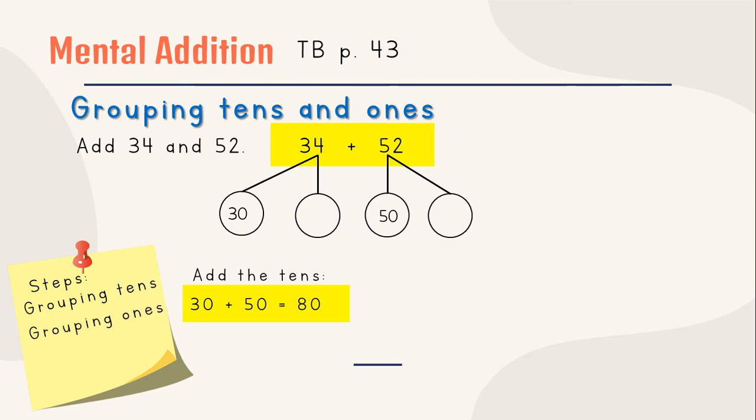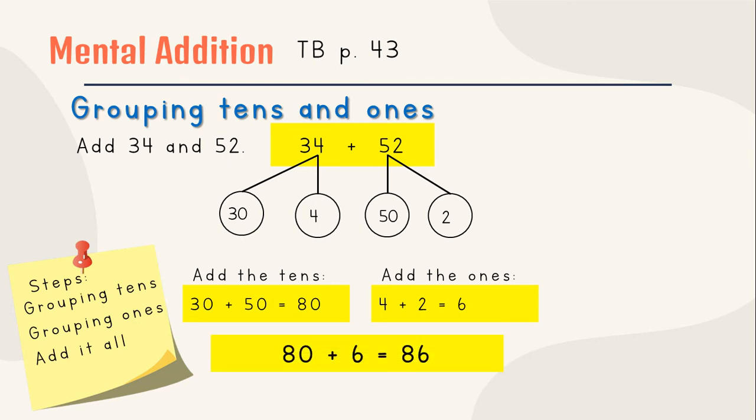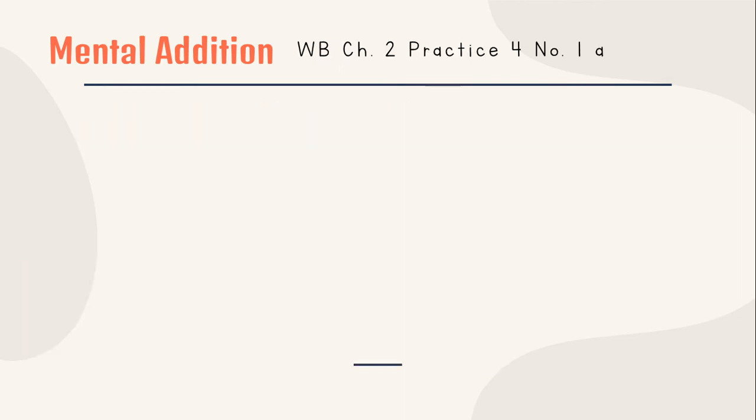After that, grouping ones. So 4 for 34 and 2 for 52. Add the ones. 4 plus 2 equals 6. After that, combine it all together. 80 plus 6 will be 86. So the solution for this is 86.